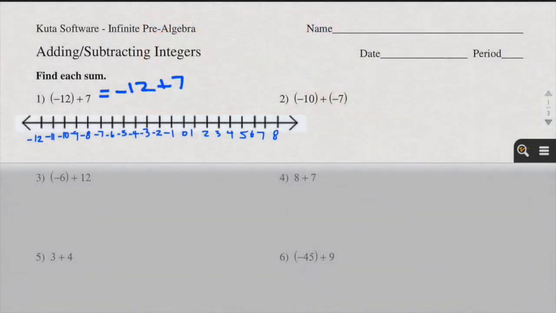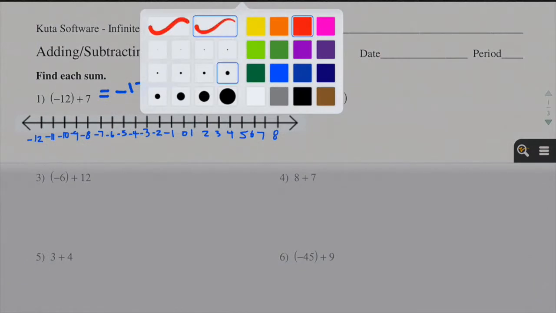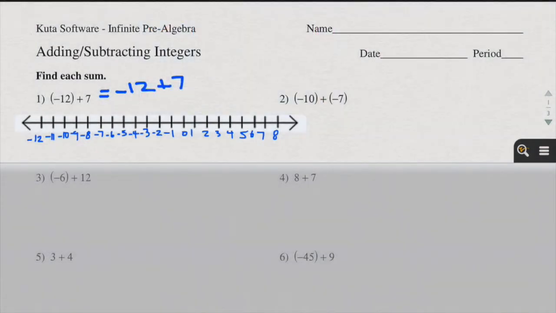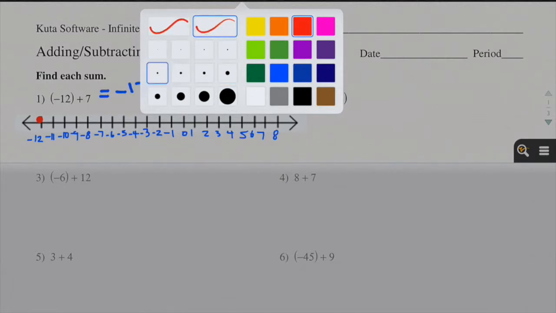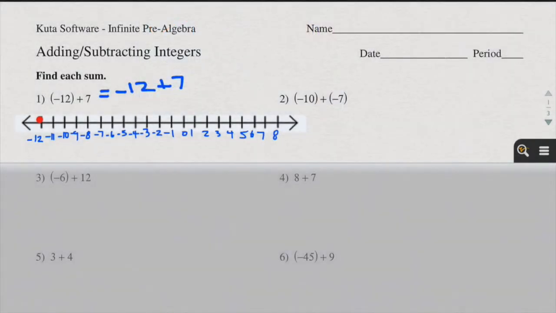Okay, so let's go ahead and plot this on the number line and find what our value for negative 12 plus 7 is. So we're always going to start with the value given. So in this case, it's at negative 12 is where we're going to start. And then it tells us plus 7. So this side is the positive side, and this is the negative side, or the negative direction, the positive direction.